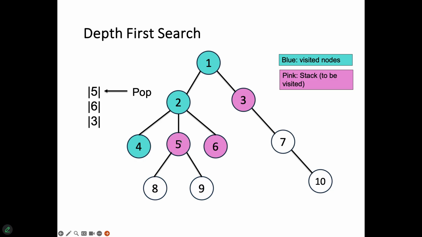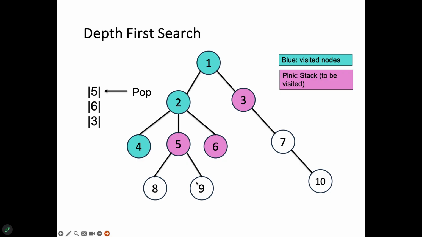So at this stage, it is not fully explored because we haven't added the children to the stack yet, right? So in order for 5 to be visited, we have to first add these children, which are 8 and 9, to the stack.